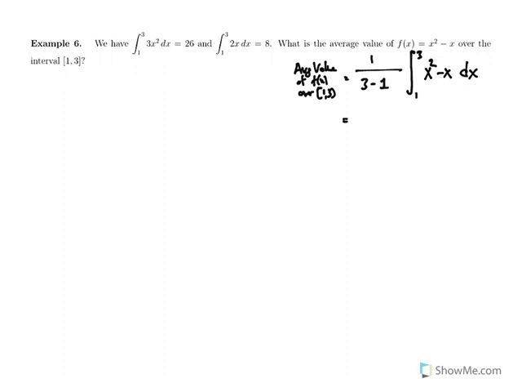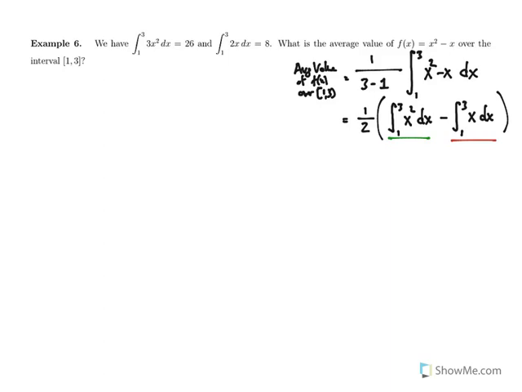So that's going to be equal to 1/2 times the integral from 1 to 3 of x squared minus the integral from 1 to 3 of x dx. And these are the two things that I'm going to need to find in this problem.